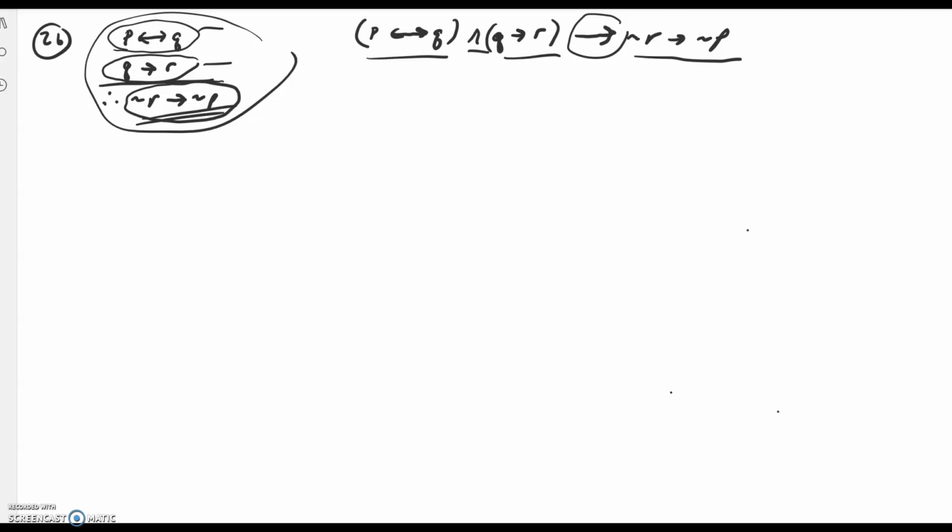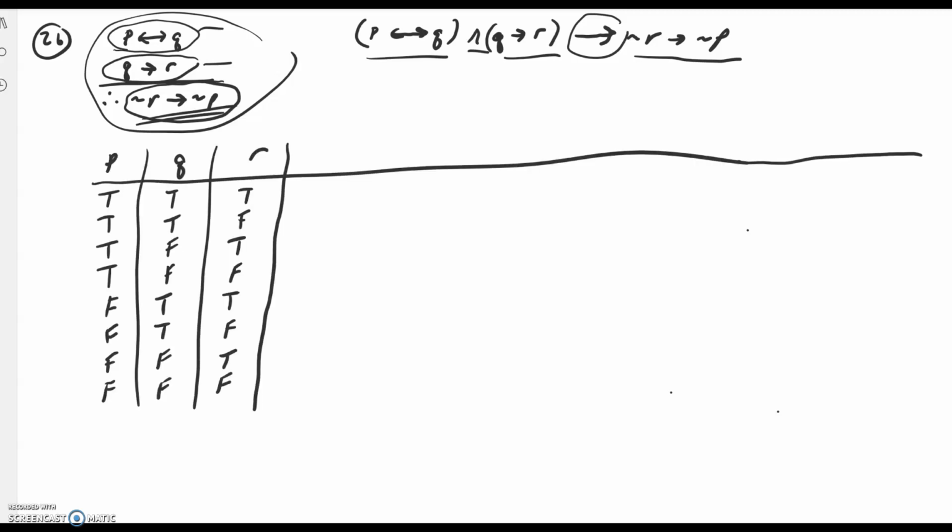And so we need a table, and so I'm going to make that table. So we need a P implies Q, if and only if. It's a biconditional, and we know that this is true when both P and Q are alike. So it's true here, it's true here, it's false here, false here, false here, false here, true here, true here.